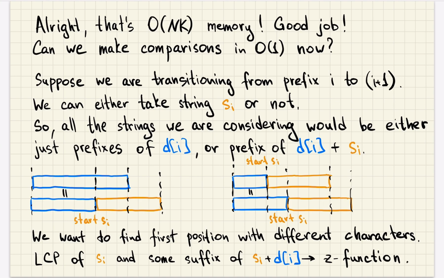We should skip this first part, and then from this point we want to solve the longest common prefix of s_i and some part of a prefix of d_i, so just some substring of d_i.